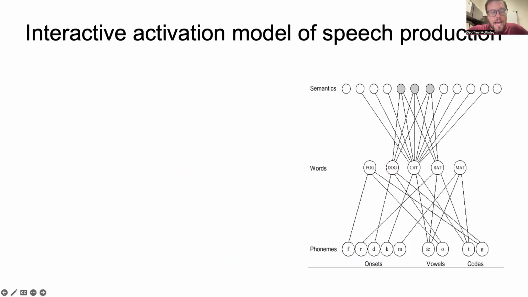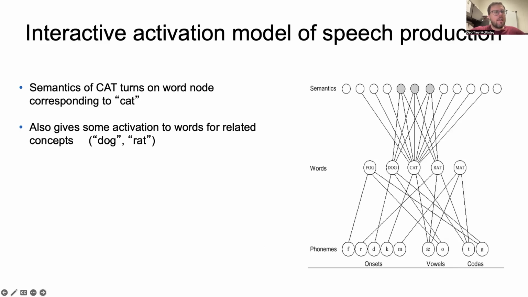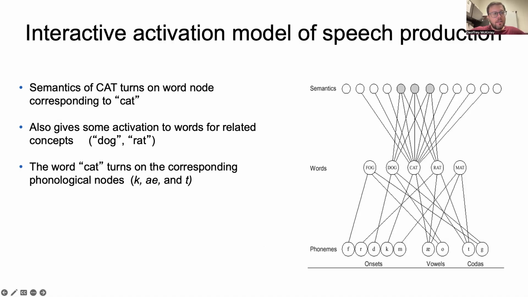So just to recap here, the semantics of cat turns on the word node corresponding to cat. And then it also gives some activation to related words, or related concepts, I should say, such as dog and rat. And then the word cat turns on the corresponding phonological nodes, such as k, a, and t.